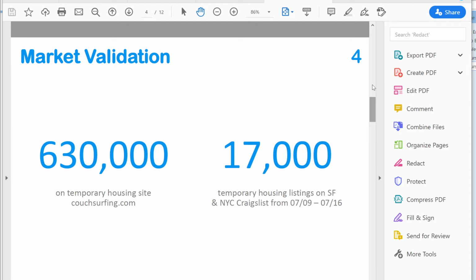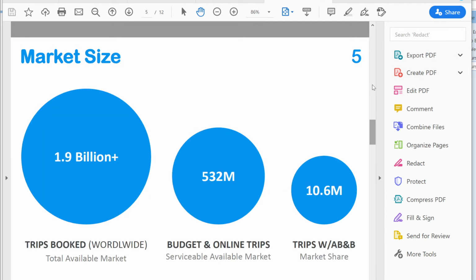That means people are posting their temporary housing for rent. But I'm not sure if they're posting individual rooms or just week to week apartments, I don't know for sure, but this is the market. But these are postings. These are only supply, not the demand side. So they don't really know what the demand is like yet.